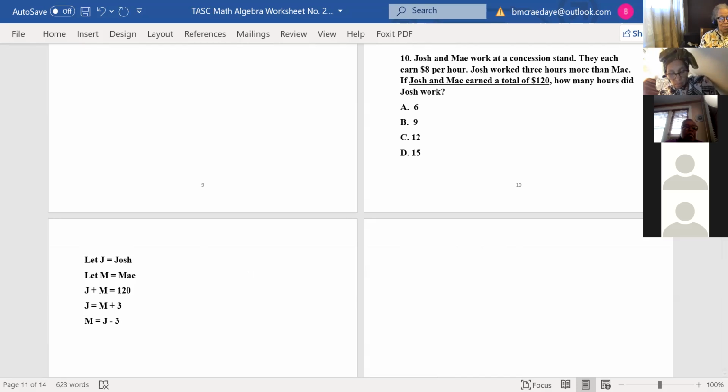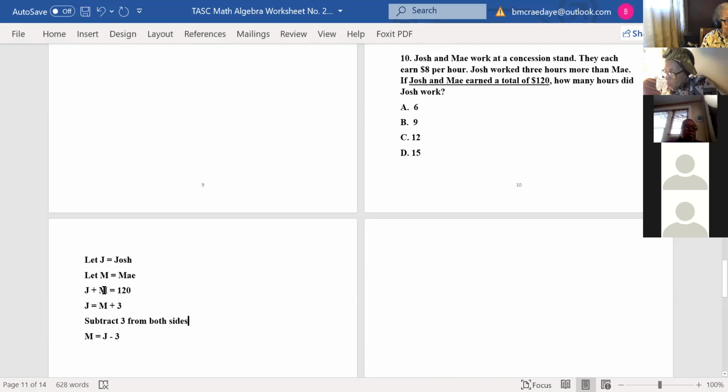If J is M plus 3, subtract 3 from both sides, and that's how we get M equals J minus 3.